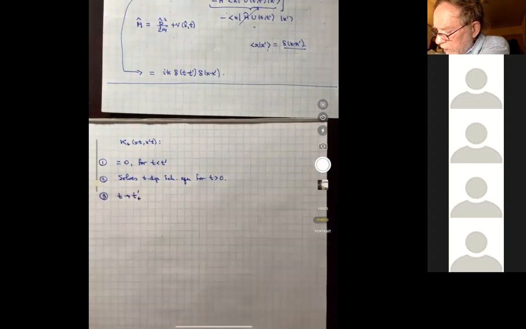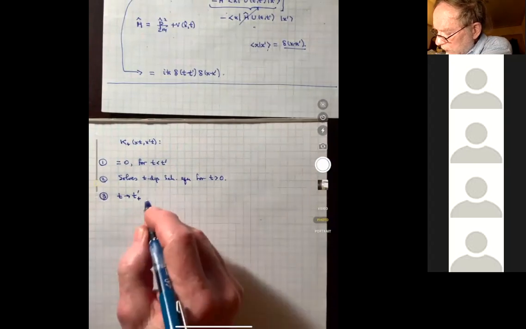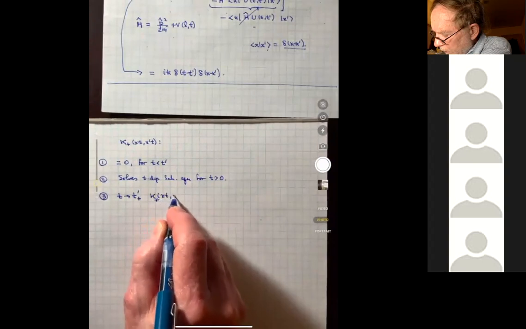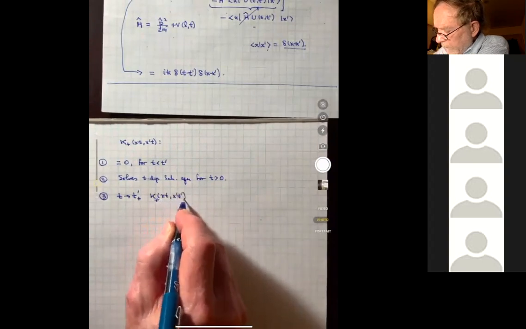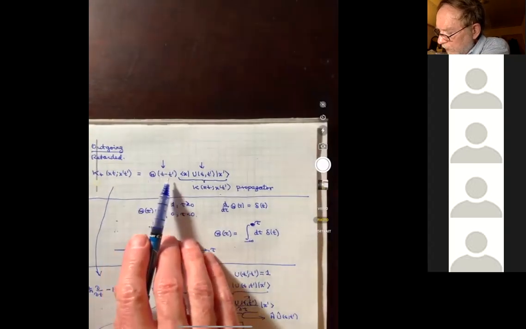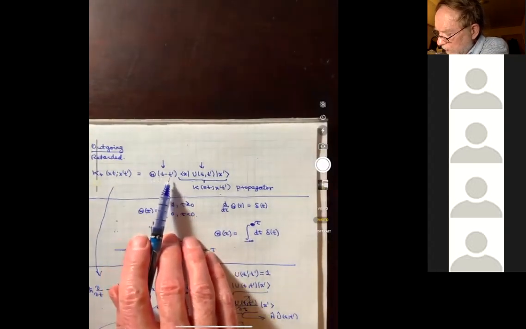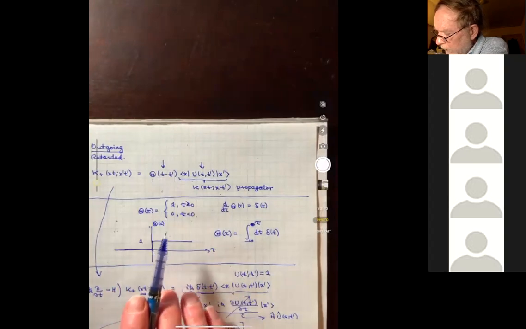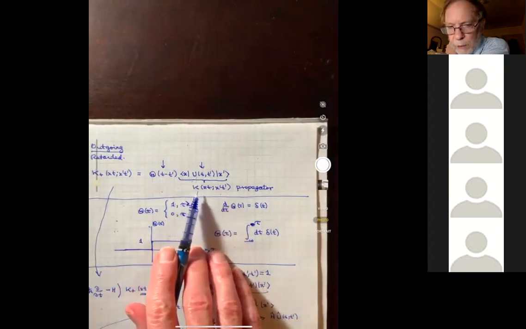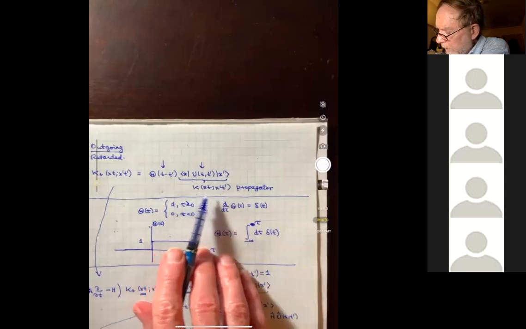I'll write it as the limit t goes to t prime plus of K plus of x t and x prime t prime. What is it? Well, to go back to the definition, if you have positive times, the step function is 1, so it doesn't do anything. If you approach from above, it stays 1. So we just need the limit of the K without the plus as t goes to t prime.